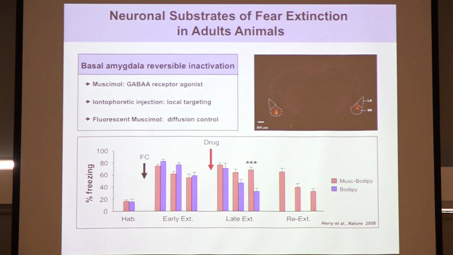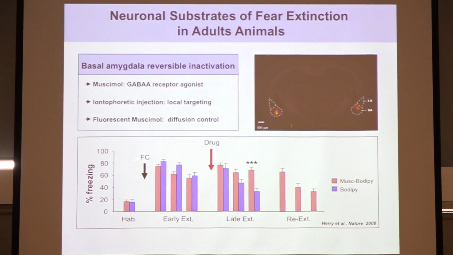And this is the behavioral result we got at this time. This is a simple conditioning experiment with 2 extinction sessions. We have the control group in blue, which is just the fluorophore injected animals. If we concentrate on the control group first, after conditioning they display high fear responses, and you get extinction with time.